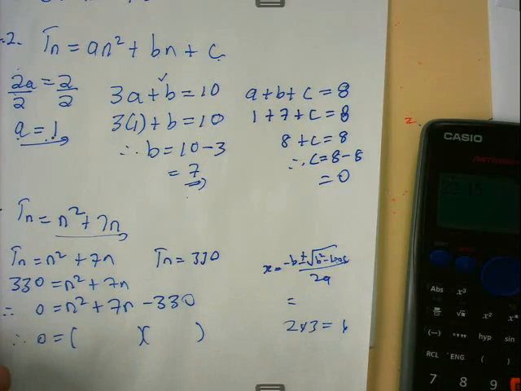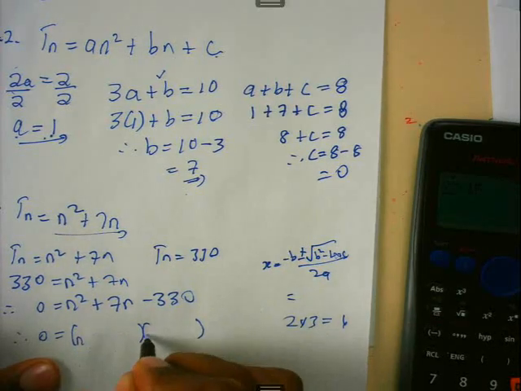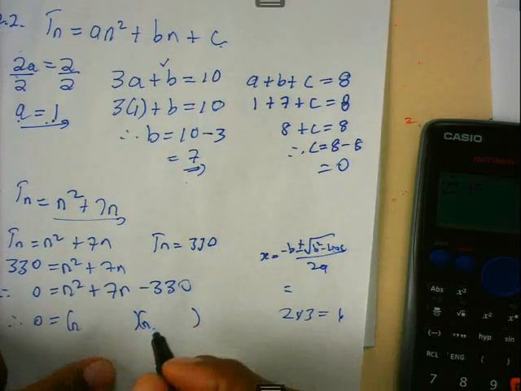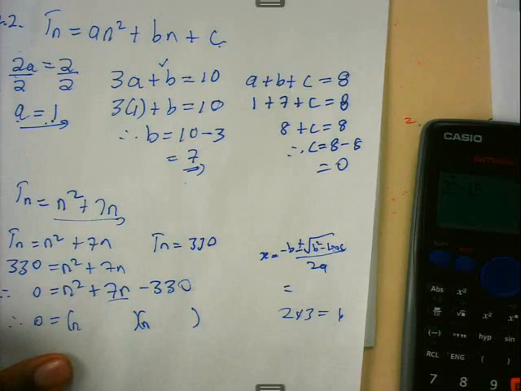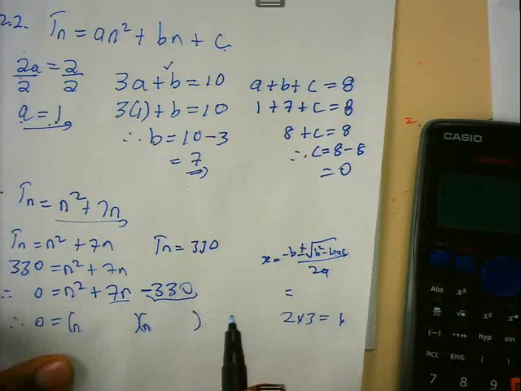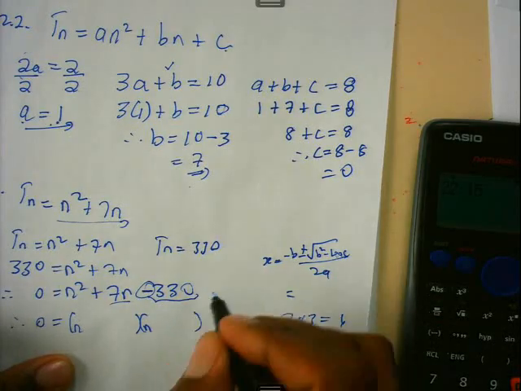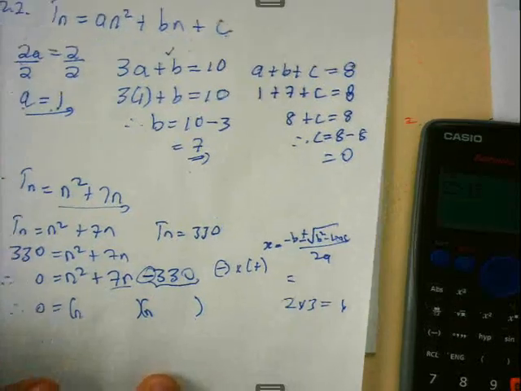That is why it's very important to go straight to the quadratic formula, right? We have n multiplied by n, that is n squared. Now, the factors of 330, there are many. But what is important is you must look for the one that will give us the difference of 7. Why am I saying the difference of 7? Because here we have minus 330. You remember, the only time where we have a negative sign is when you take a negative multiplied by a positive, right?